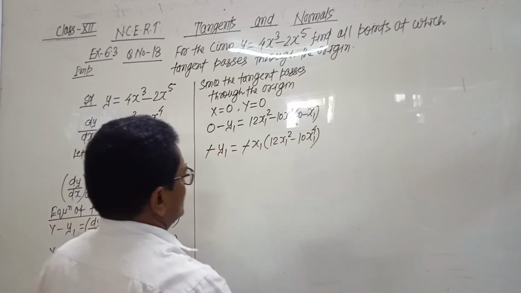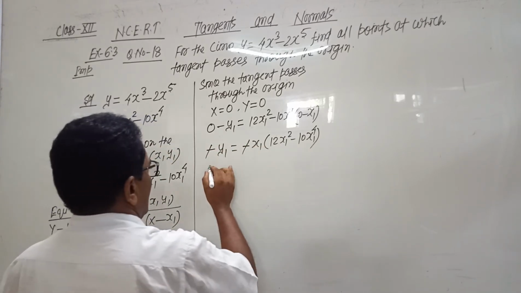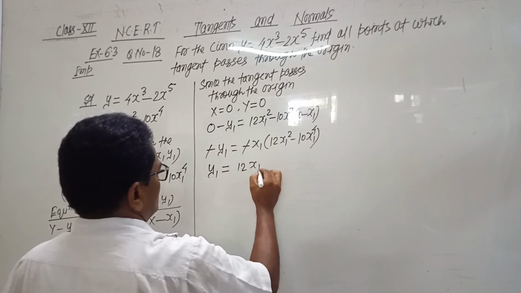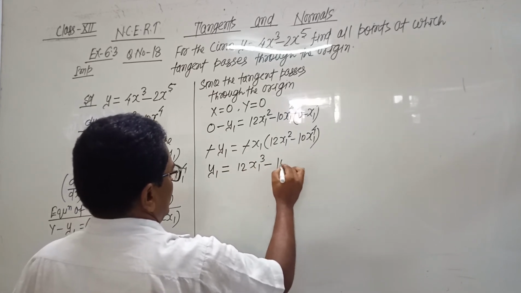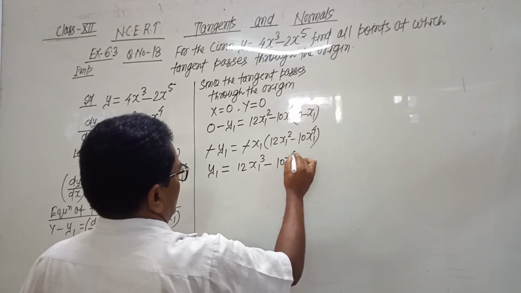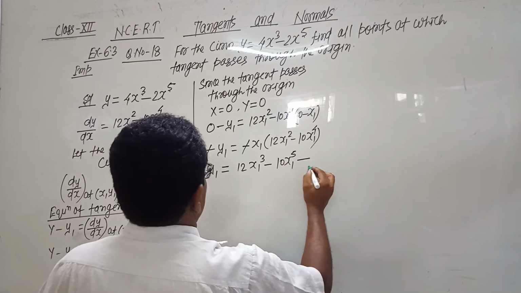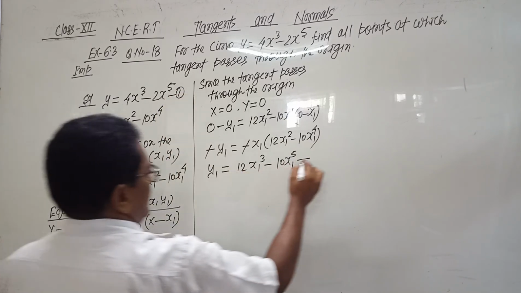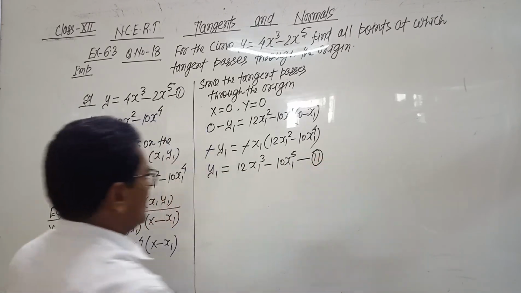Minus and minus cancel and we get y1 equals 12x1 cube minus 10x1 raised to the power 5. Name it first equation.